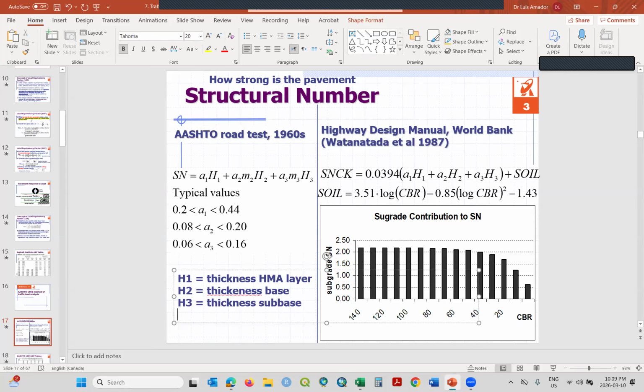So for example, if we look at this first equation here, my structural number will be, let's take the lower coefficient, 0.2 times, and let's imagine our hot mix asphalt layer is maybe 5 inches.